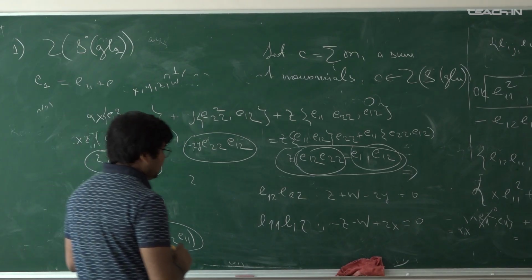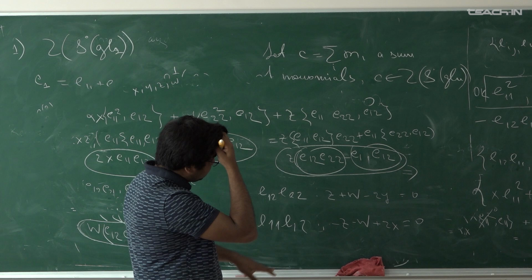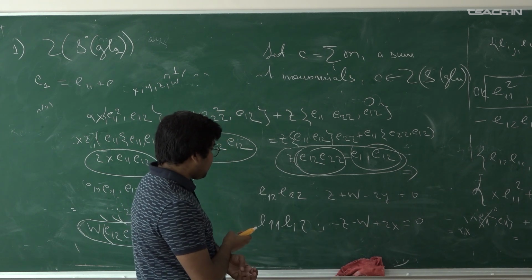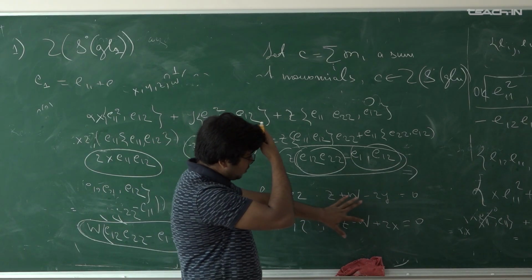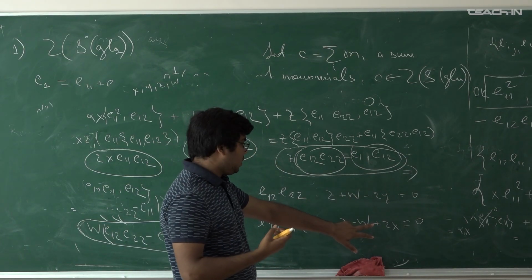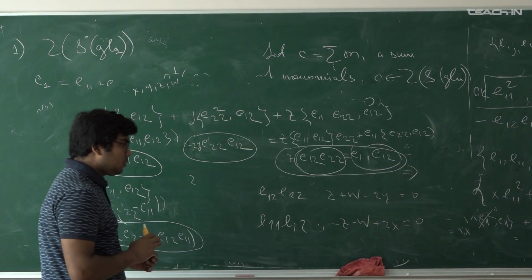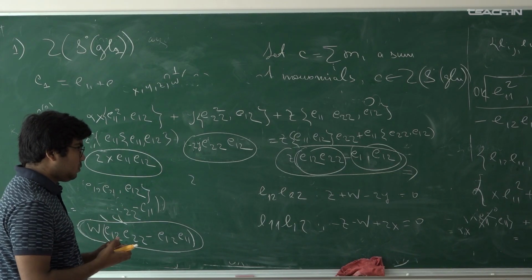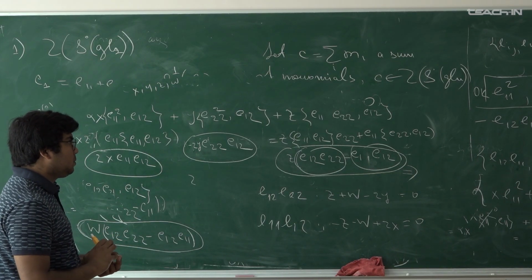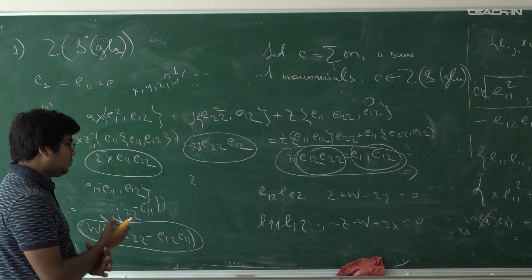So if we solve this, these guys will cancel out, and we will have this only. It's a system of linear equations. There are two equations and four variables. There is a two-dimensional space of solutions.